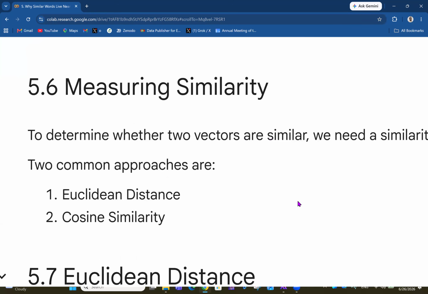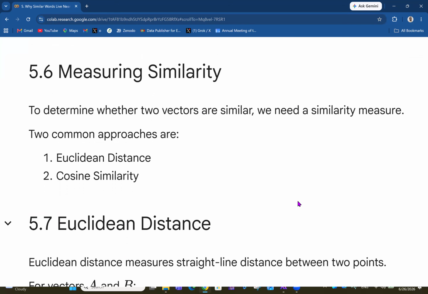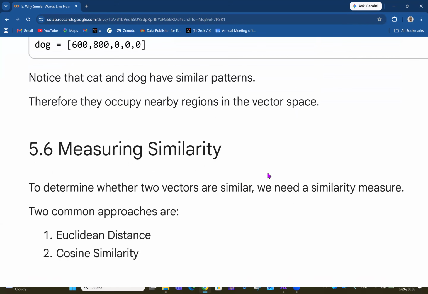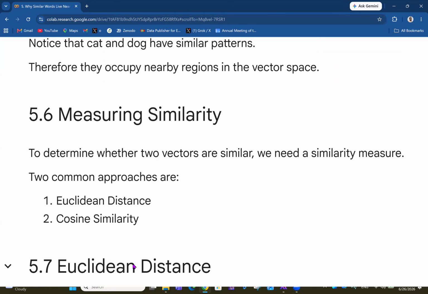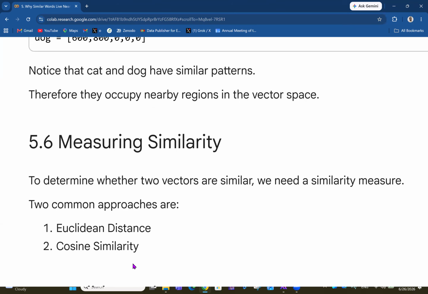So we go ahead to talk about measuring similarity, which we've mentioned a little in previous videos. To determine whether two vectors are similar, we need a similarity measure, something that tells us the similarity between them. Two common approaches are Euclidean distance, the normal distance we know from x1, y1 and x2, y2, and cosine similarity, which is really important and which we will also consider in the next video.